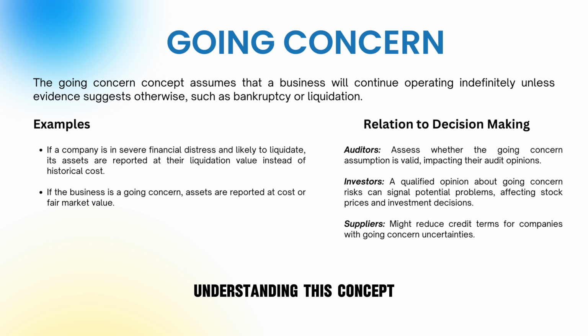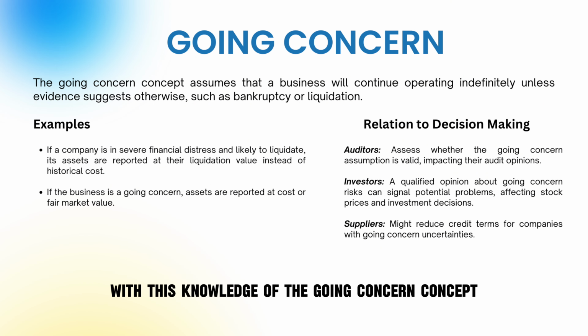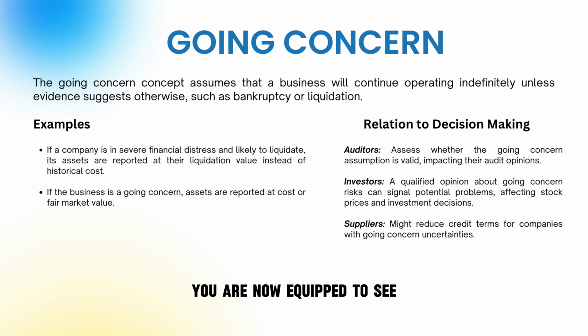Understanding this concept is key to interpreting financial reports effectively. With this knowledge of the going concern concept, you are now equipped to see how it shapes financial reporting and stakeholders' decisions. Let's move forward to the next topic.